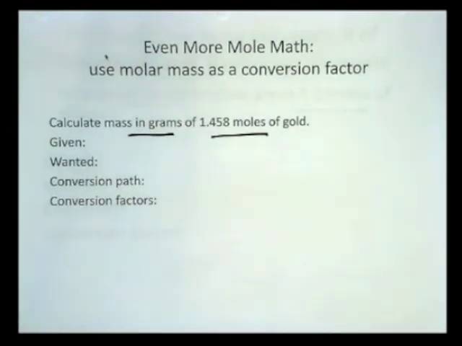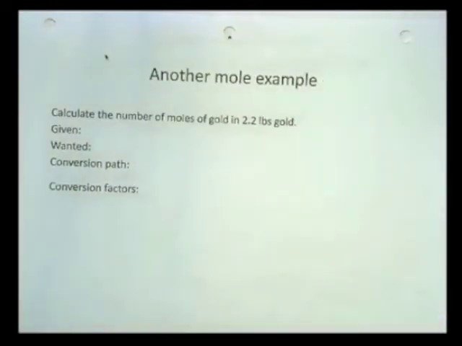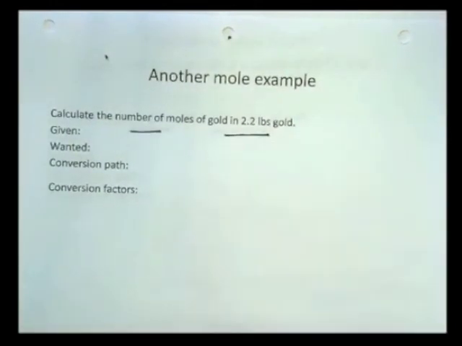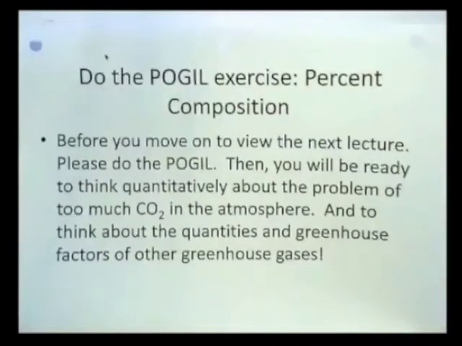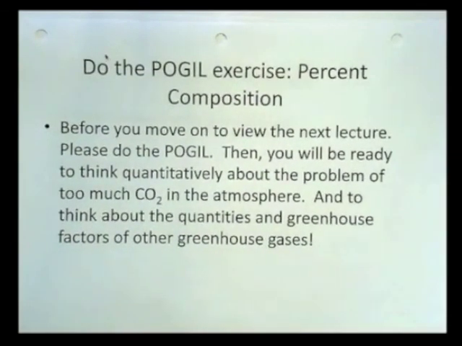And then numbers of moles and the mass of a substance, only using English units. And then after you've done all that, I want you to make sure that you remember how to calculate molar masses for compounds, and then do the POGIL exercise on percent composition.